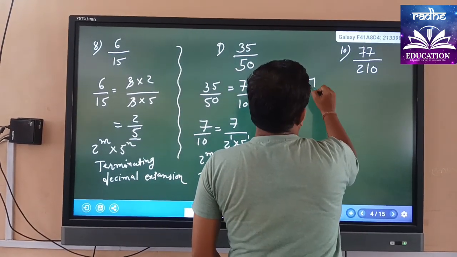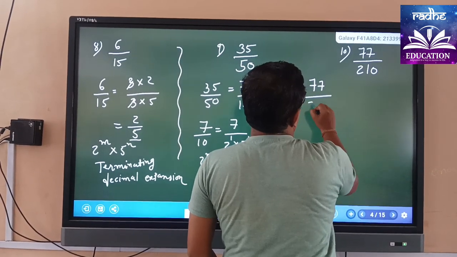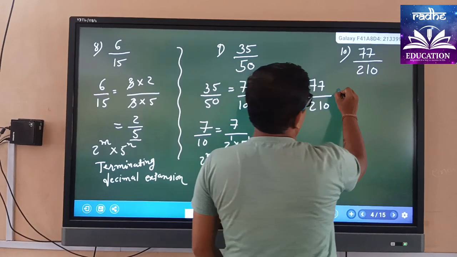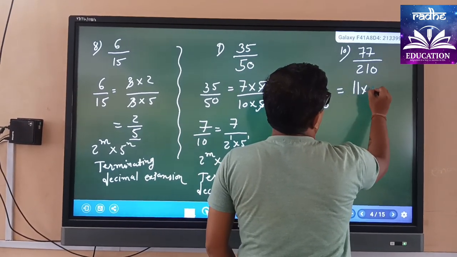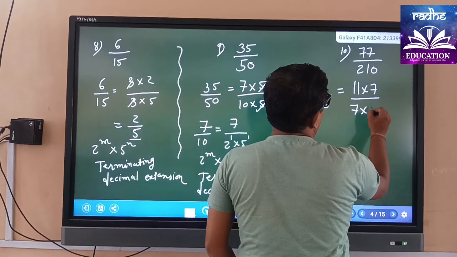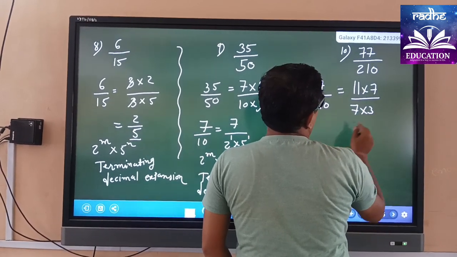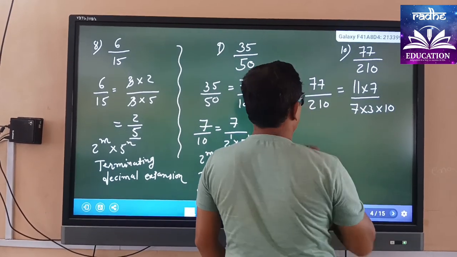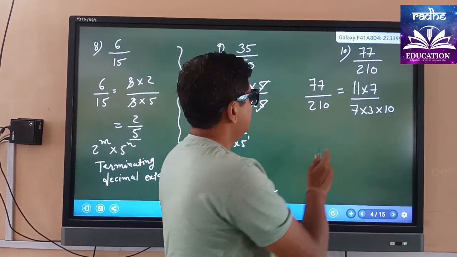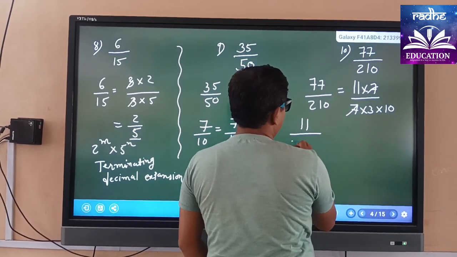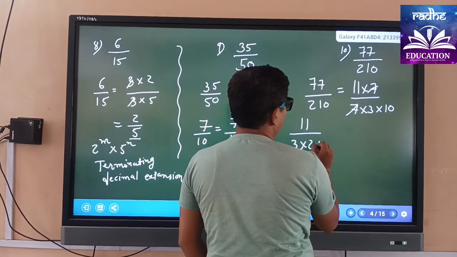77 divided by 210. The factors of 77 are 11 into 7, and 210 we can write as 7 threes are 21 and 21 tens are 210. Correct? 7 and 7 are cancelled. We can write 11 divided by 3 into 10, that is 2 into 5.